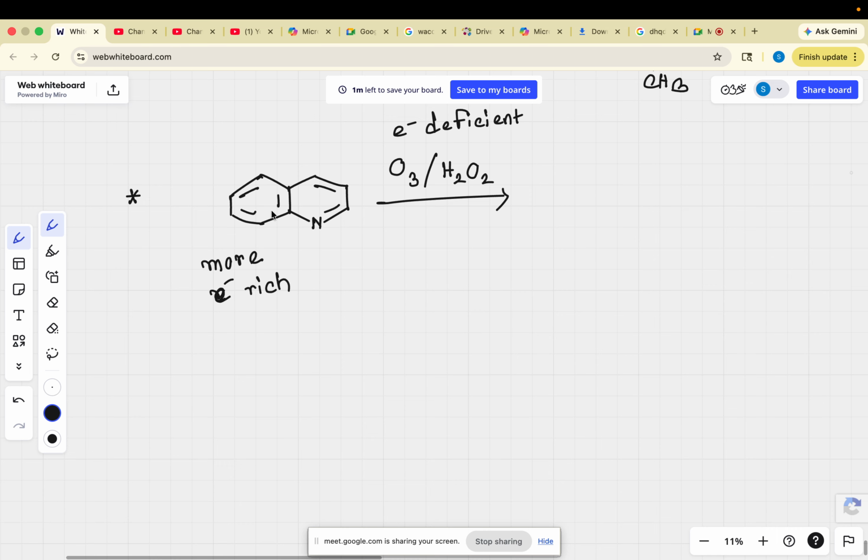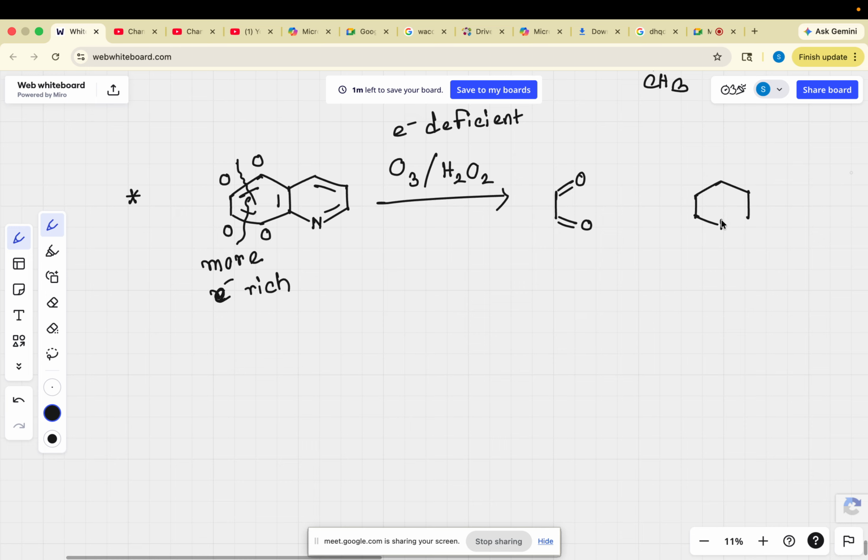So the ozonolysis will happen here. You can break this bond, so you have to attach one oxygen here, one oxygen here. So you will get a molecule like this, double bond O, double bond O, plus what you are getting.